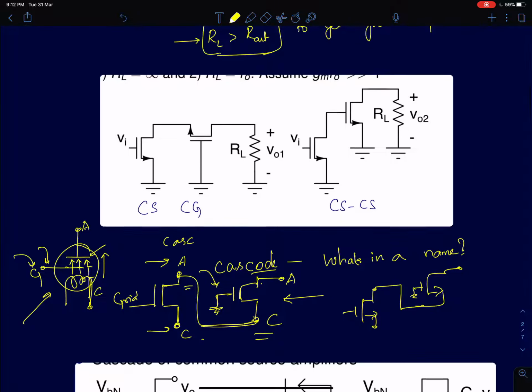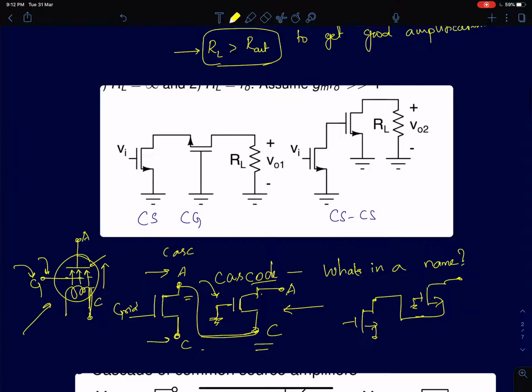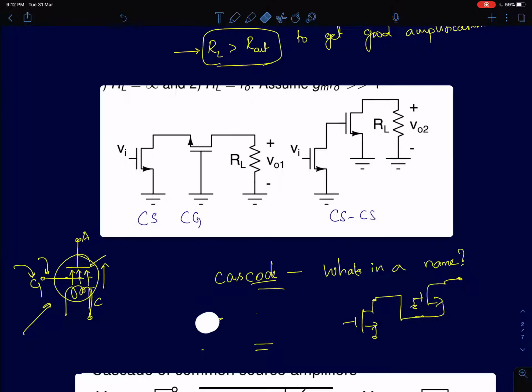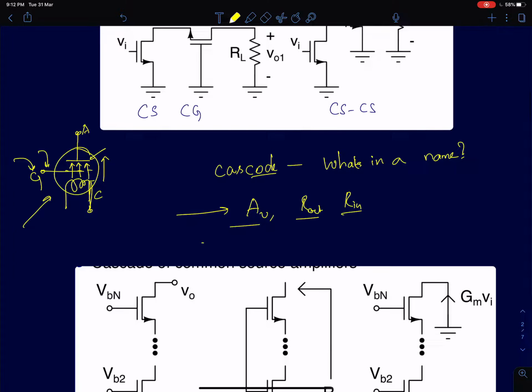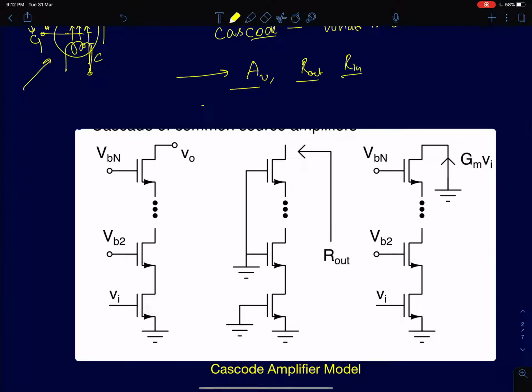Like we did for all the previous cases of amplifiers, whenever we discussed amplifiers, we discussed 3 important parameters: the unloaded gain, R out and R in. Similarly, we will compute all 3 parameters for a cascode amplifier as well. What I've shown here is a generalized cascode amplifier.